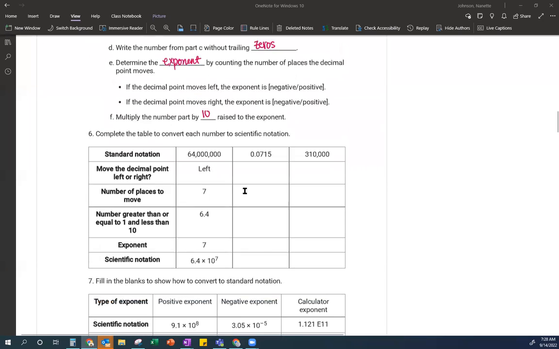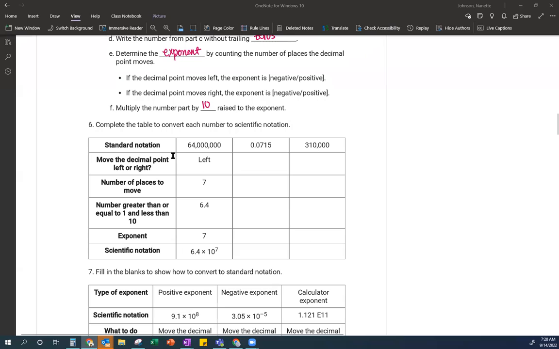So here, you're just going to try it. You're just going to answer these questions. So are you going to move the decimal point to the left or to the right? Here, we're going to move it to the left, right? So that we can actually get there. I actually don't want you to answer this again, because it's almost like they're telling you to do a trick, and I don't like tricks. Here, I do want you to, because the number of places is going to tell you your exponent, okay?